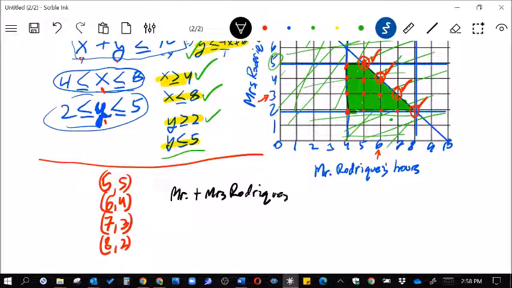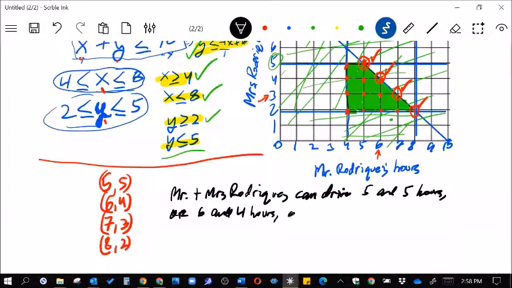And so I'm going to try to fix it. 6 and 5 hours for 6 and 4 hours for 7 and 3 hours for 8 and 2 hours respectively.